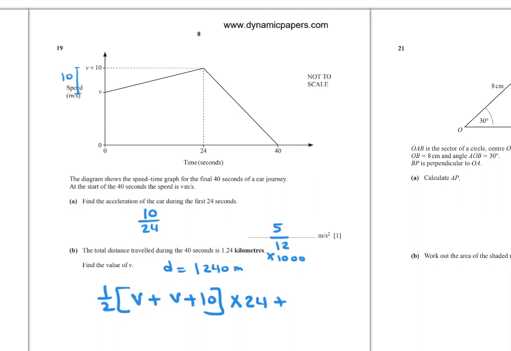So half times from 24 to 40, 16. So half times 16 times the height, which is v plus 10, equals 1240.